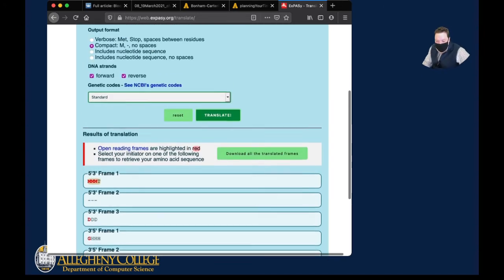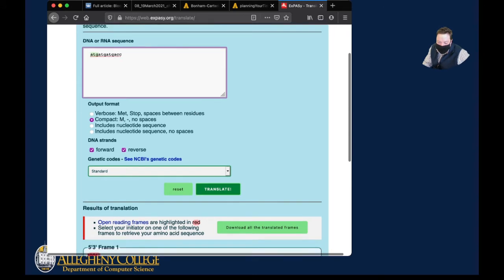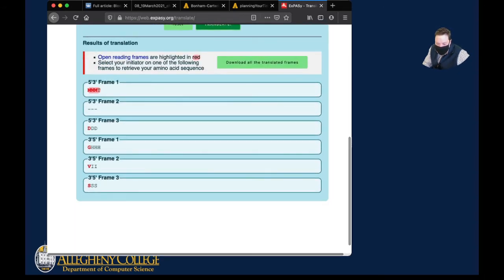But what I'm saying is that my gene here is ATG, ATG, ATG. Now, this is what they call the frame shift. By removing my first base, I get a completely different protein. And by removing other bases, I get another completely different protein.